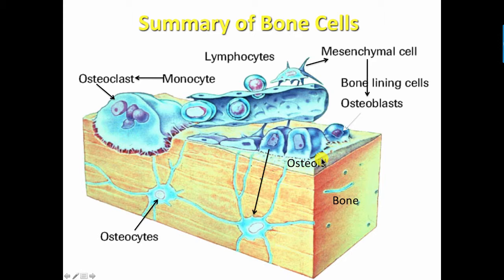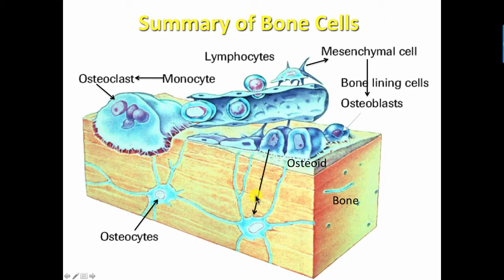The osteoblasts, as they are secreting osteoid, are joined to one another by fine cytoplasmic extensions, and these extensions are maintained once the osteoblasts are trapped, and these cytoplasmic extensions pass through thin channels in the bone called canaliculi. And these osteocytes are responsible for maintaining the health of the bone. If the bone is broken, the osteocytes will die, or conversely, if the osteocytes die, the bone around those osteocytes will also die.